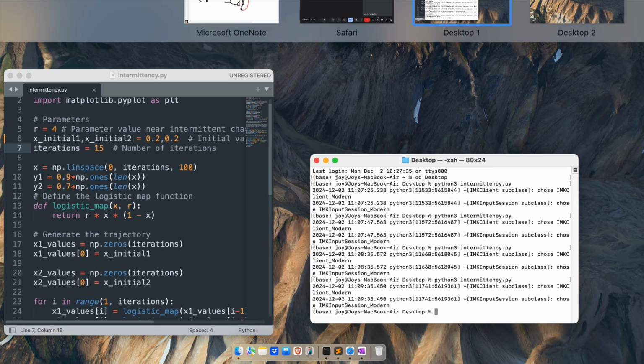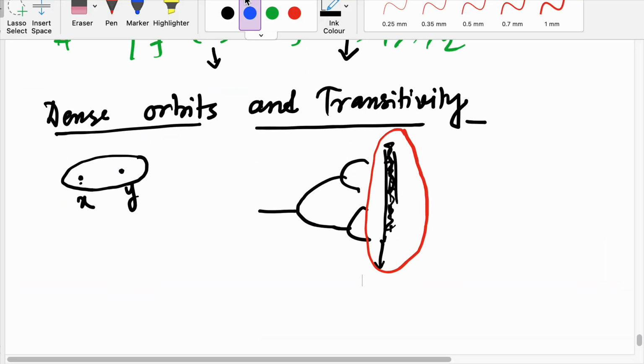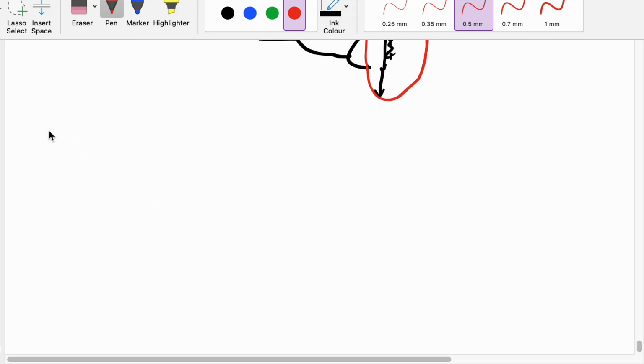Let me go back here. The definition is: suppose we have a dense orbit of x0.